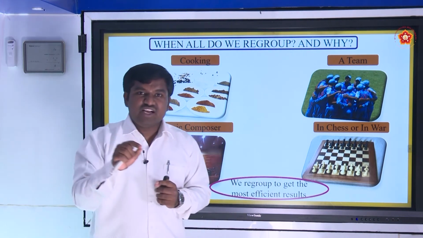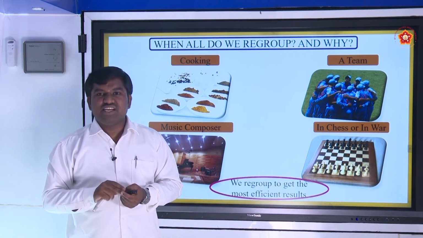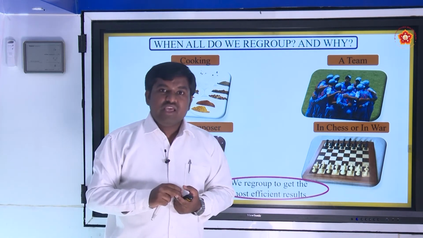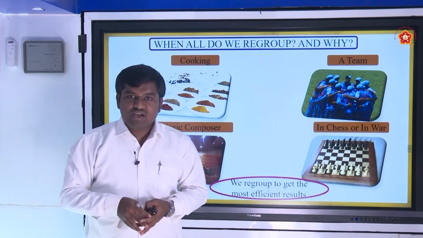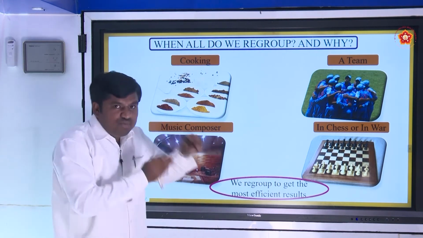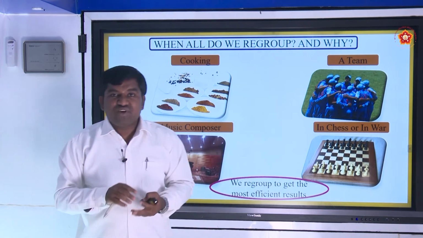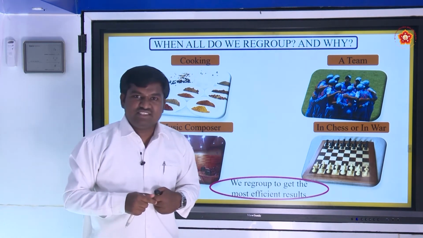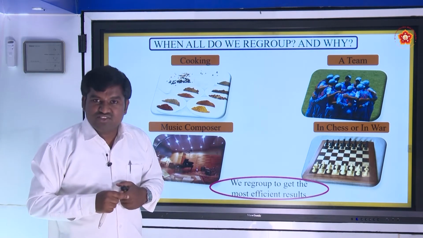Regrouping some particular ingredients, we get dosa. Regrouping particular ingredients, we get sambar and rasam. Like this, we are regrouping the ingredients, and then we get a different variety of dishes. Regrouping is used in this way also.